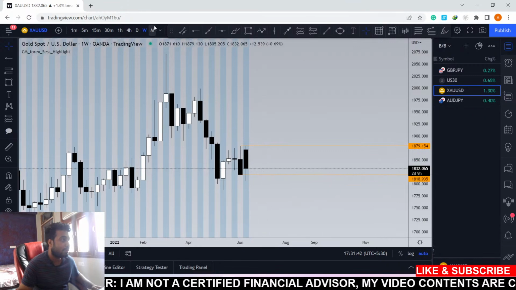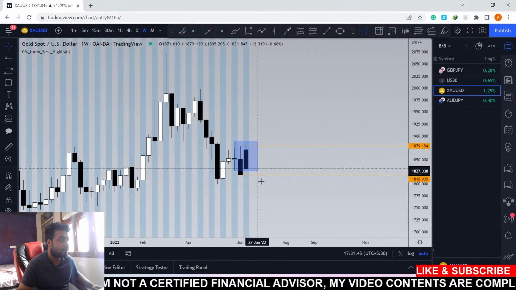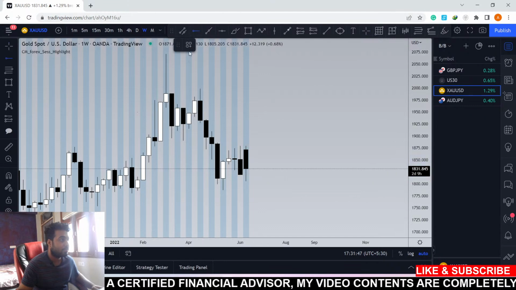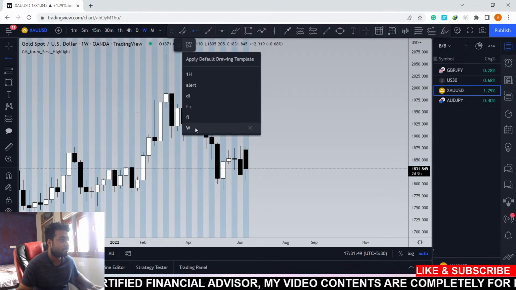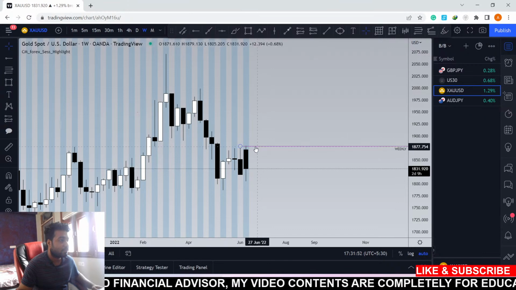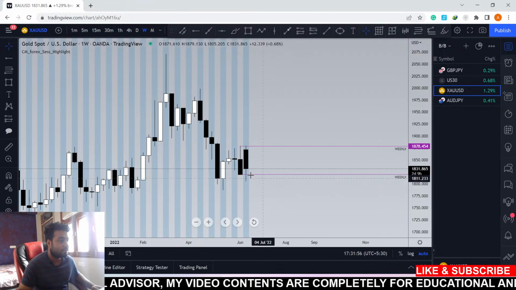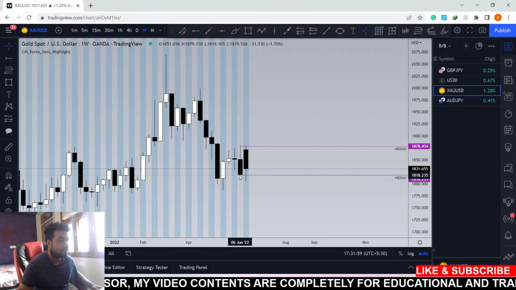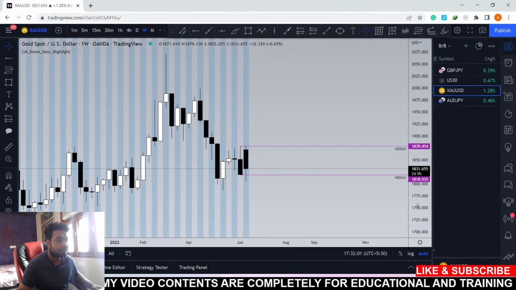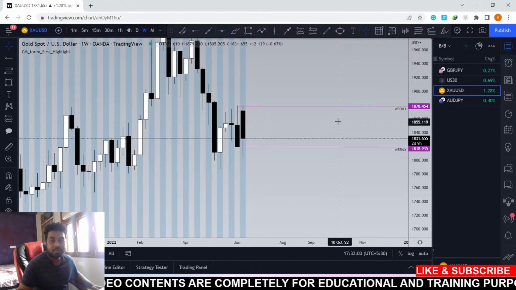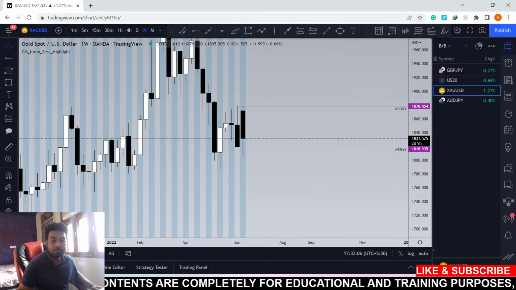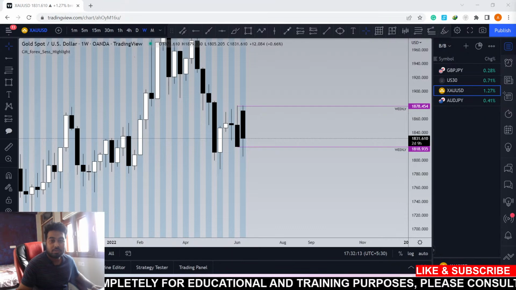We have marked our daily lines, but it's a weekly one. Marked our weekly line. You can expect some sort of downward move in gold.